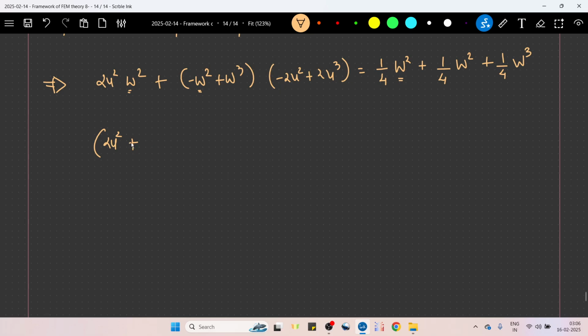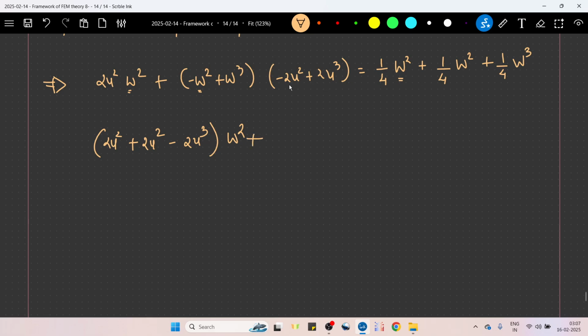So this plus will become minus, minus minus plus, so plus 2u2 minus 2u3. This is the w2 coefficient, and it is this multiplier.